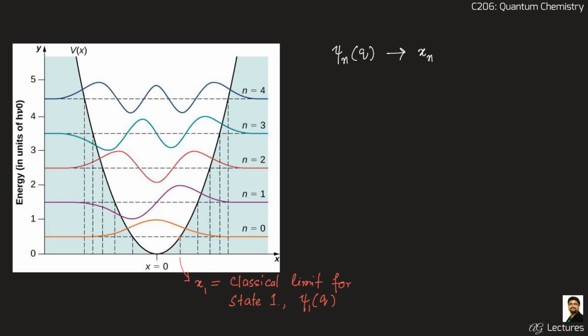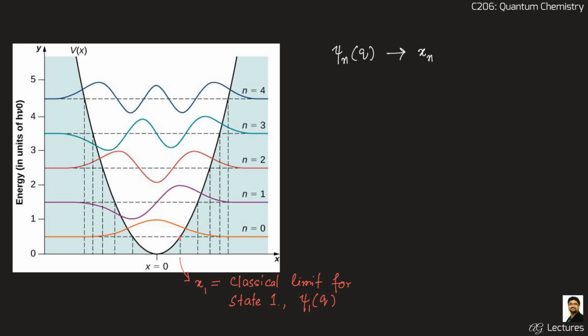When the particle is exactly at xn, the classical limit, this is the energy of the particle, and at that point the entire energy is potential, because this is the potential energy. So at xn, for a particle in psi n exactly on the classical limit, the entire energy is potential energy.